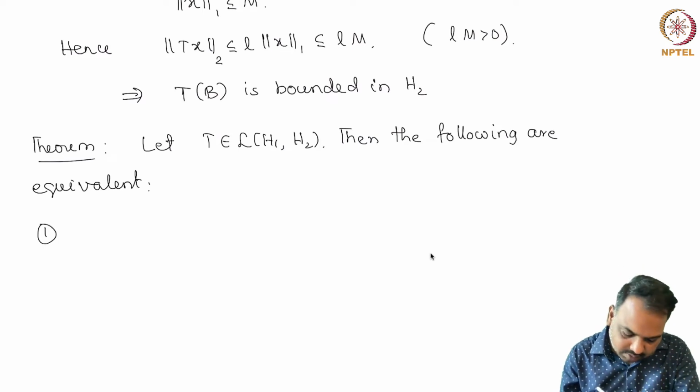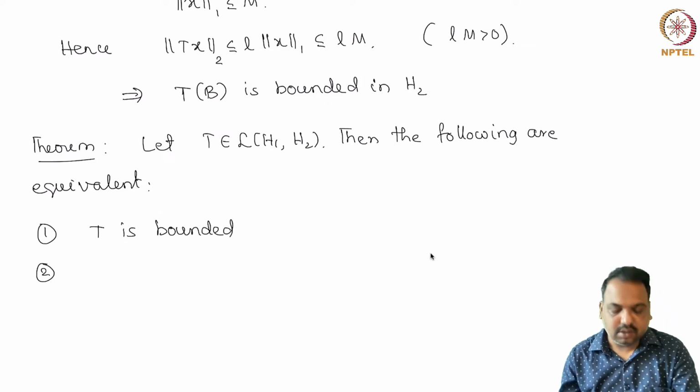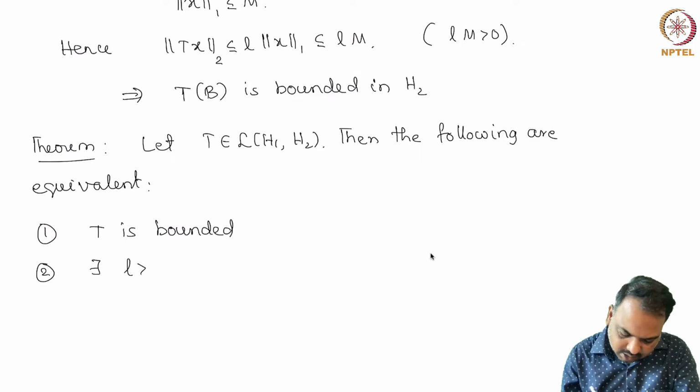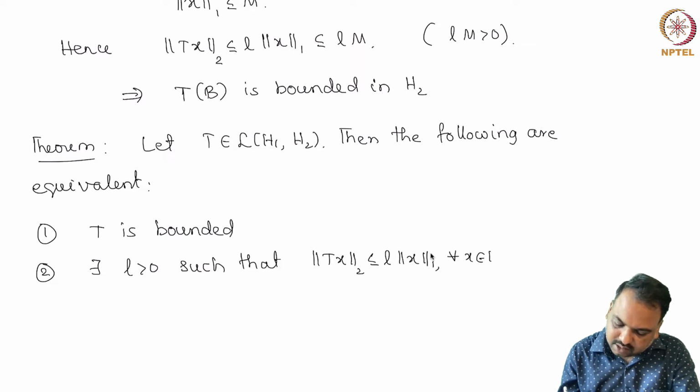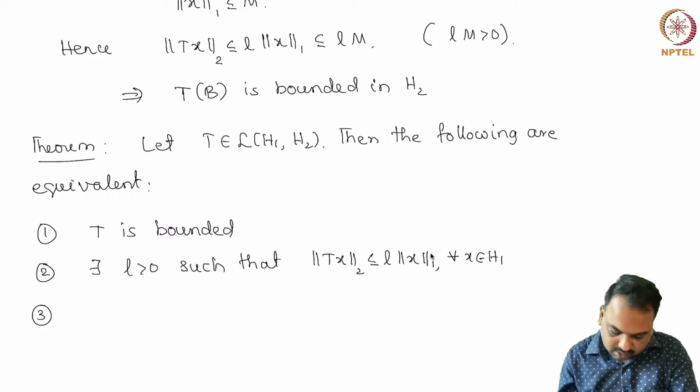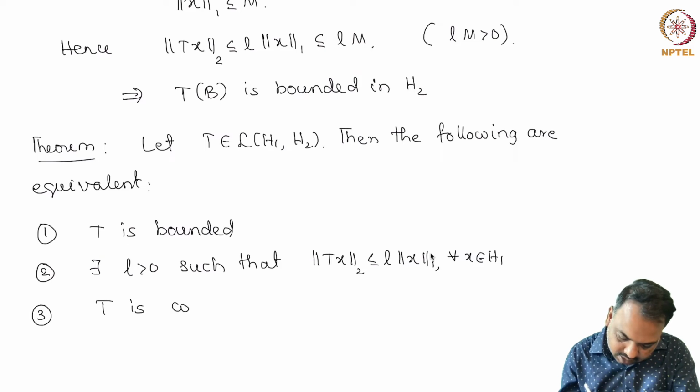The first condition is T is bounded. Second one, that there exists some number L bigger than 0 such that norm Tx is less than L times norm x for every x in H1. The third is T is continuous on H1.